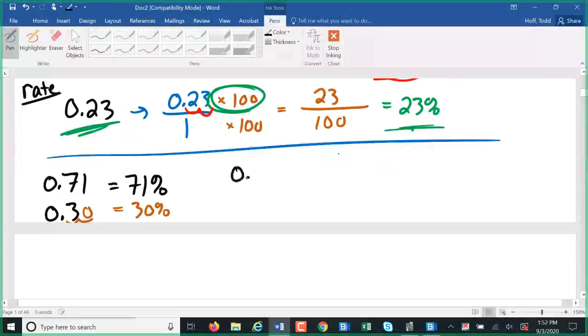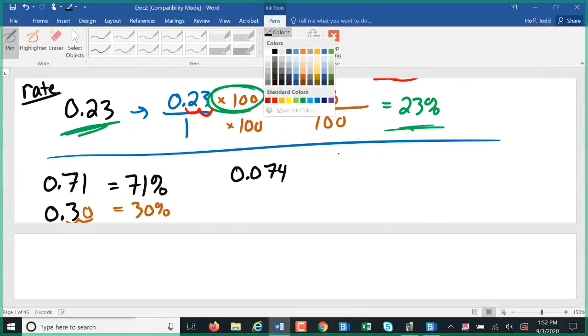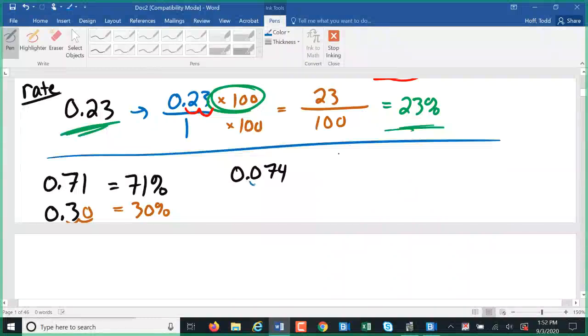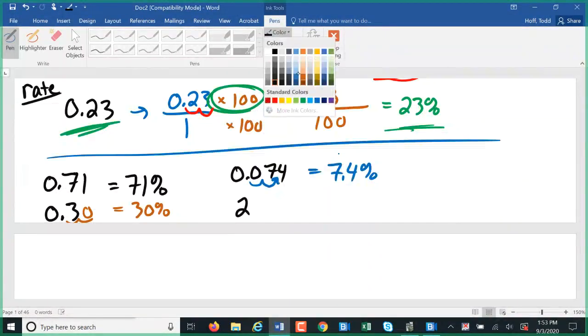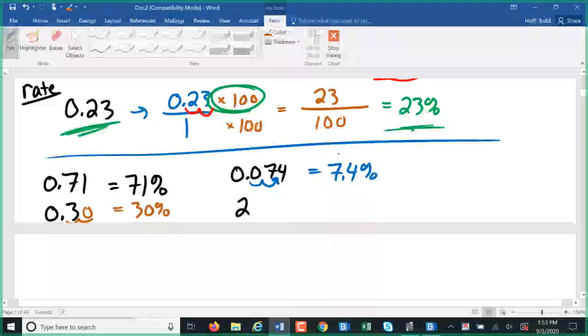If I have 0.074 as a rate, to turn that into a percent, I have to go 2 spots. It's 7.4%. And the one that most people screw up is if I have something like 2 as a rate. That's a rate. To make it a percent, I still have to go 2 spots. I'm going to have to add zeros to go those 2 spots.